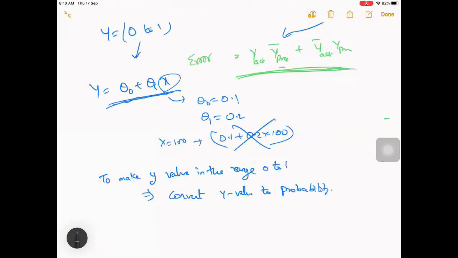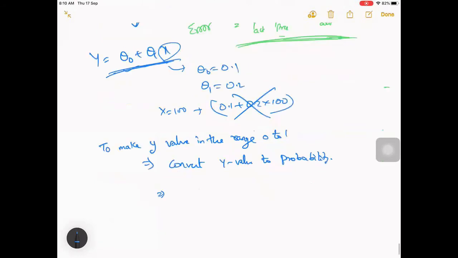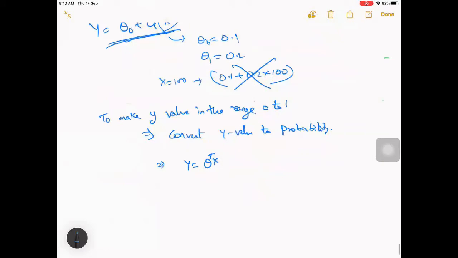So how can we do it? Let's say your y is currently theta x, right? So theta transpose x or x theta, it can be represented both ways.